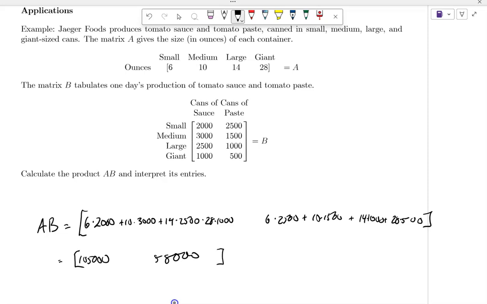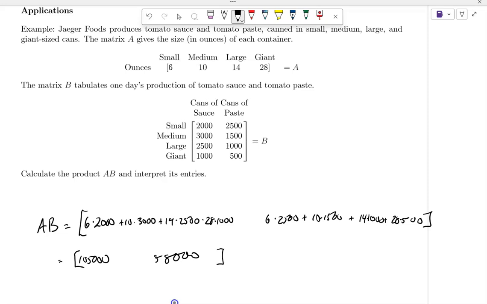It really does not matter what the numbers are, as long as you understand how we're computing them. The second part says interpret the entries. What do the entries mean in this scenario? Yes, the total number of ounces for the sauce. Good.